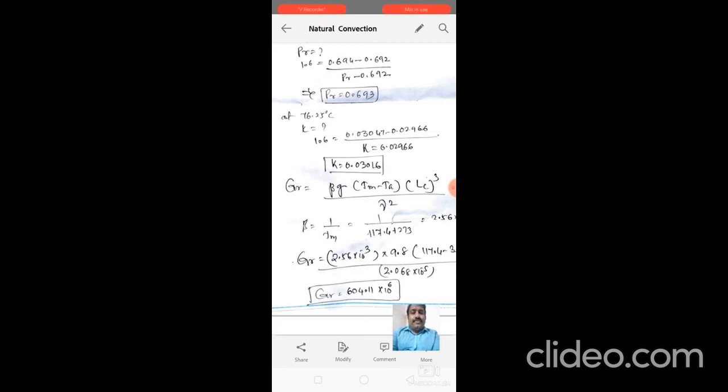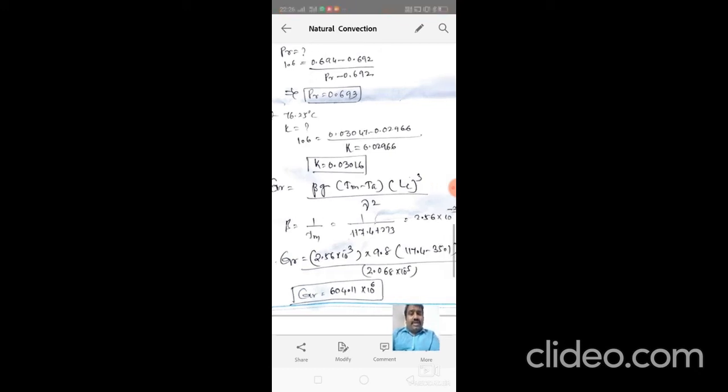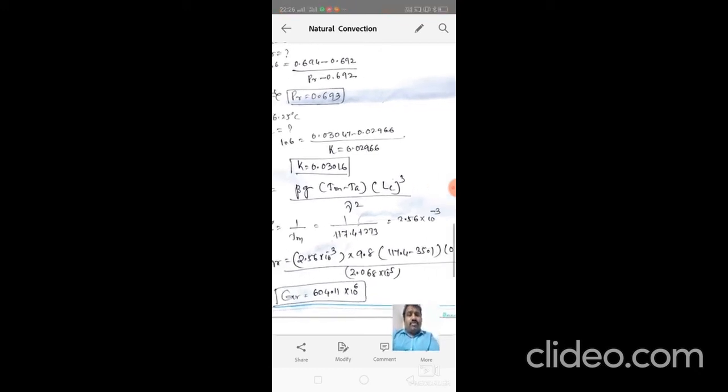Now the Grashof number equation is equal to beta g into Tm minus Ta into the characteristic length cubed, divided by mu square. Beta is nothing but 1 by Tm, so you will get 2.56 into 10 to the power of minus 3.